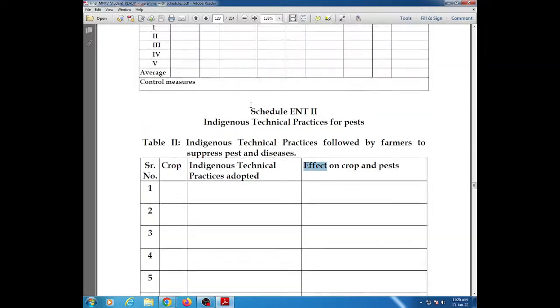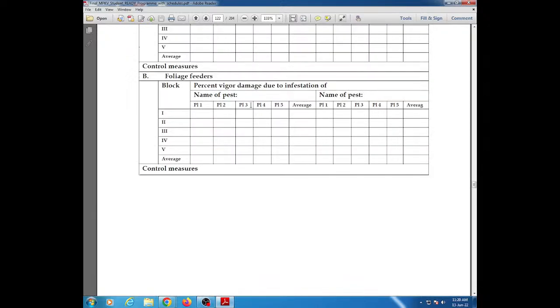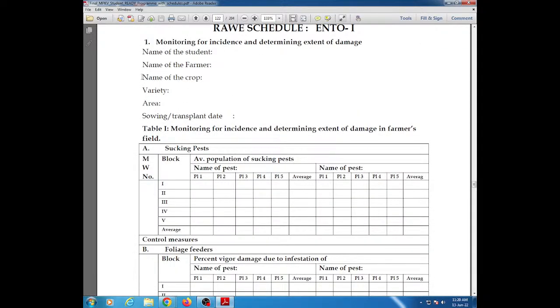Okay, and for this schedule you should go crop wise. So here is the name of the crop, and for those crops you have to take the observations in the meteorological week. So I think you understood this, that you have to take the observations in each week. Got it?